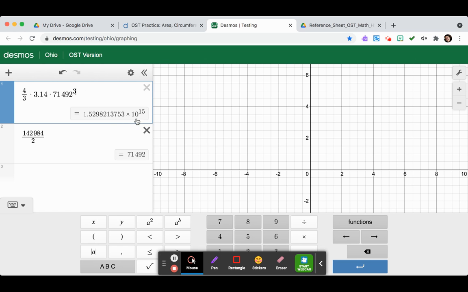So that's a very large number, 10 to the power of 15. That's called scientific notation. So we're going to keep that answer, okay? And now we're going to take a percentage of that answer.